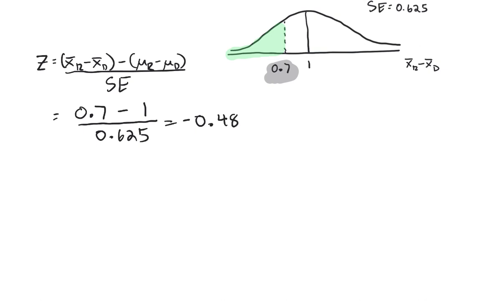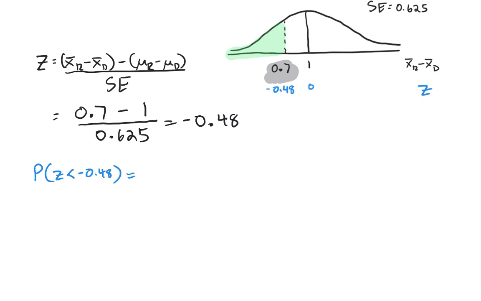So in the language of z-scores, of standard deviations or standard errors from the mean, 0.7 is 0.48 standard errors below the mean. So since this is a normal distribution, we standardize it. We want to know the probability that z is less than negative 0.48, that is, 0.48 standard deviations below the mean.